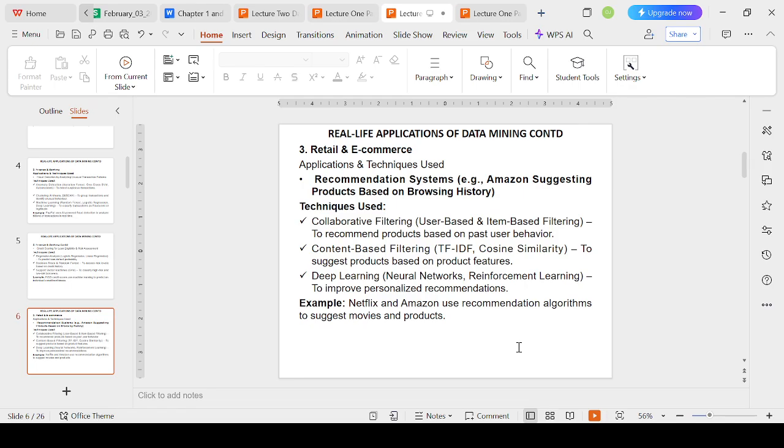In the area of retail and e-commerce, applications and technique: recommendation system. Example, Amazon suggesting products based on browsing history. Collaborative filtering, user-based and item-based filtering to recommend products based on past user behavior.